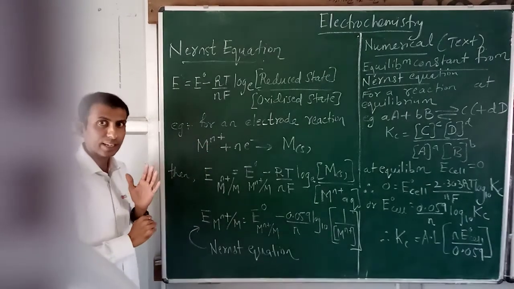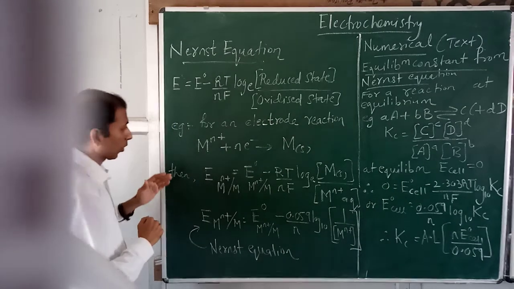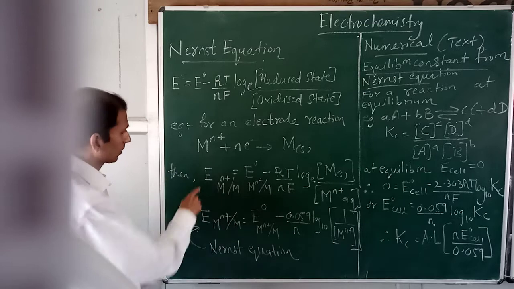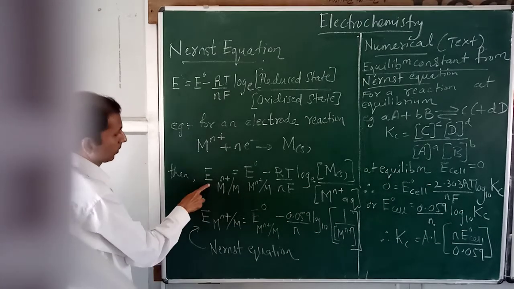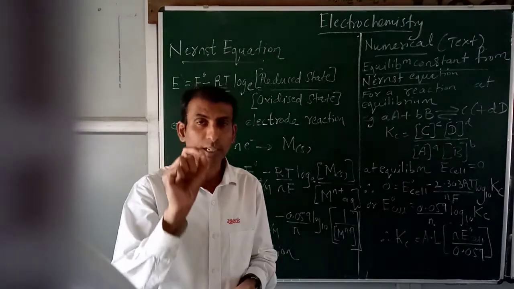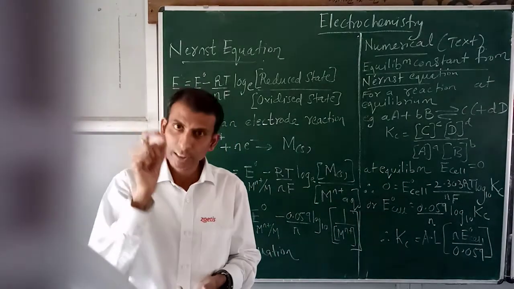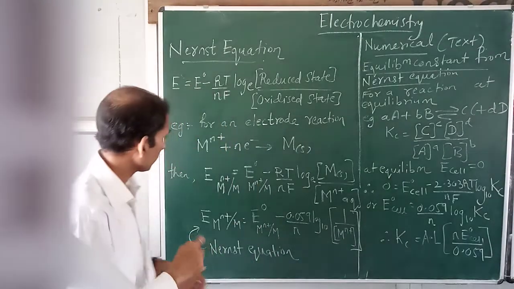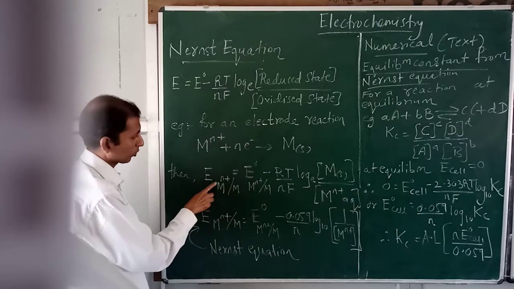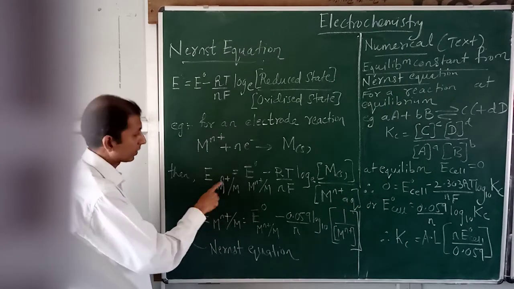Since the reaction is a reduction reaction, we are going to name this term the reduction potential of the electrode. The reduction potential is written like this, that is, the oxidized state converted by n electrons, meaning getting reduced.